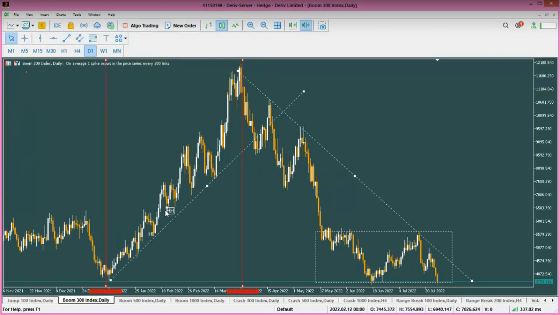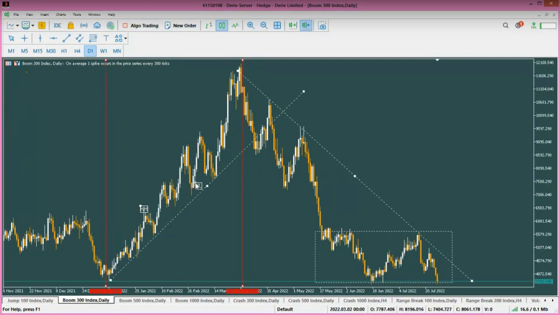But then looking at this, let me drop this one here, and take this one there. This one here is our low. But then what about this part here? Okay, let's take this one.